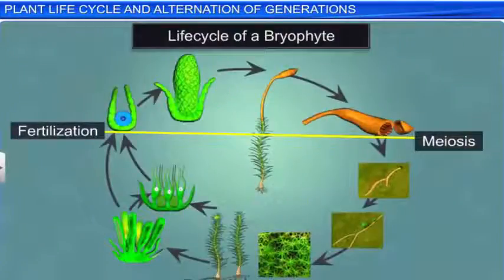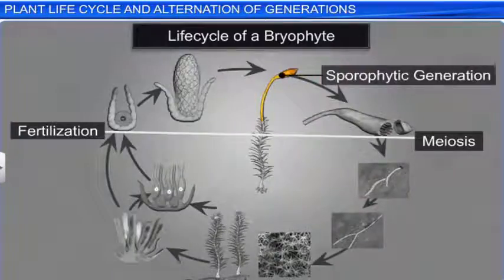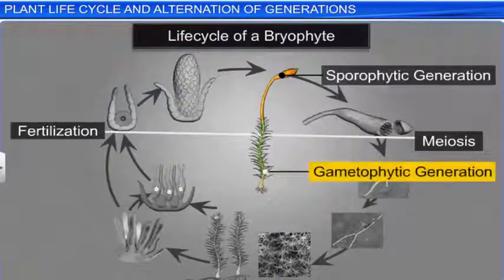In bryophytes, for instance, a free-living thalloid photosynthetic and erect haploid gametophyte represents the dominant phase. On the other hand, the sporophytic generation is short-lived, during which the multicellular sporophyte is totally or partially dependent on the gametophyte for its anchorage and nutrition.